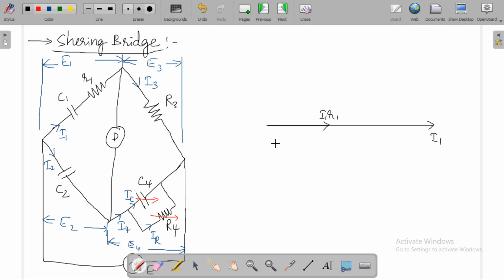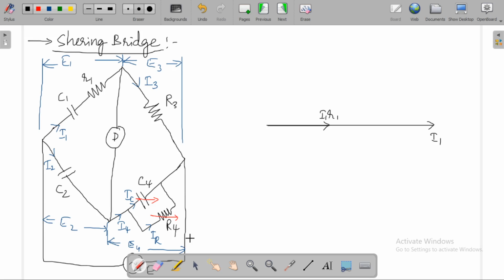Okay, now how can I have the phasor of voltage across this capacitor? We have phasor I1. Voltage across this capacitor lags current by an angle 90 degrees.